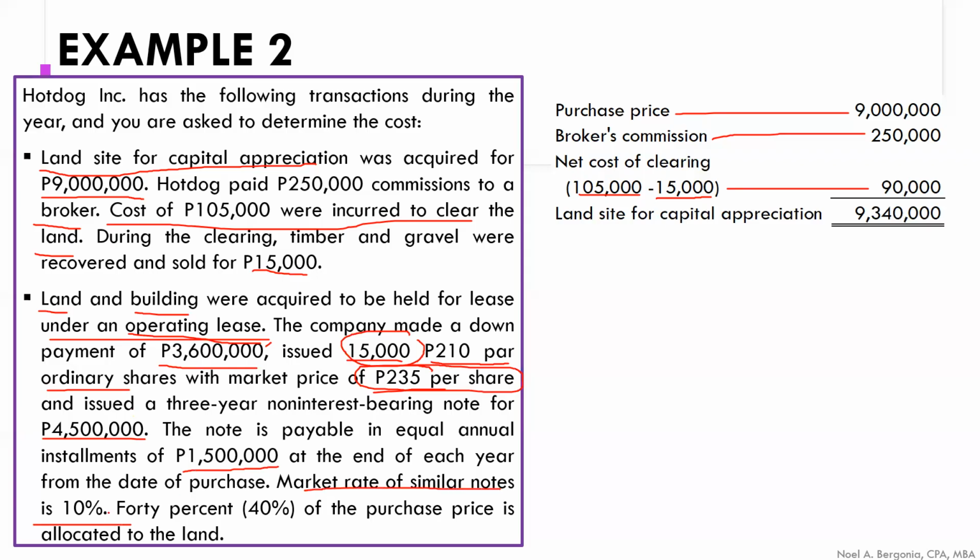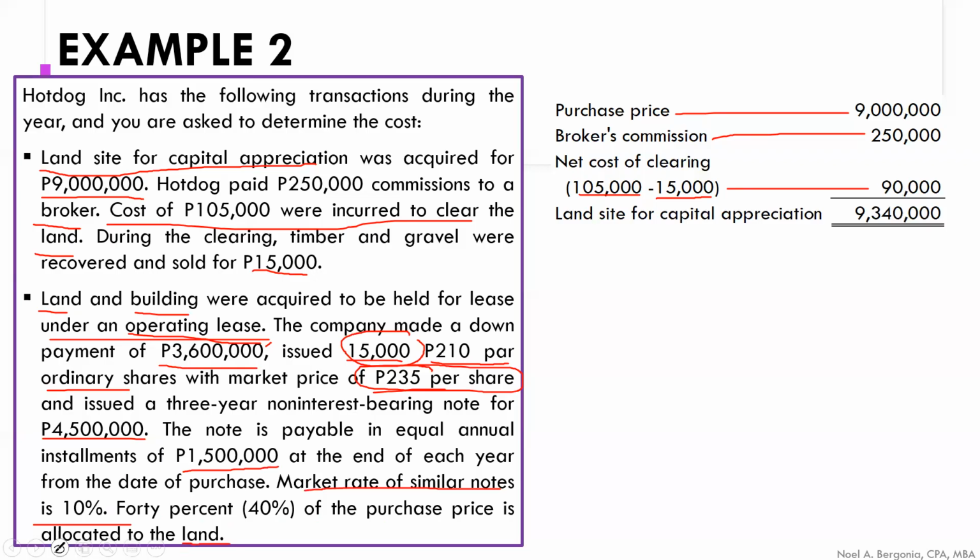So yun yung gagamitin natin for the discounting. And please take note, class, that we need to allocate value separately for the land and building. So 40% of the purchase price is allocated to the land. Okay, so ibig sabihin 60% is allocated to the building.